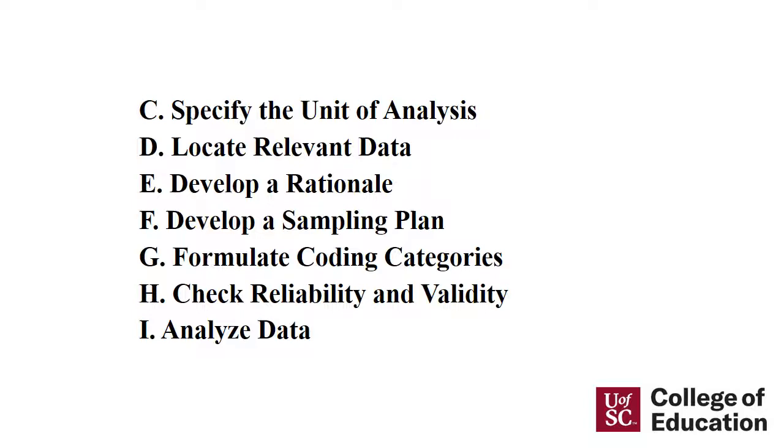G. Formulate coding categories. After precisely defining what aspects of the content are to be analyzed, the researcher needs to formulate coding categories. Developing emergent coding categories requires a high level of familiarity with the content of a communication.